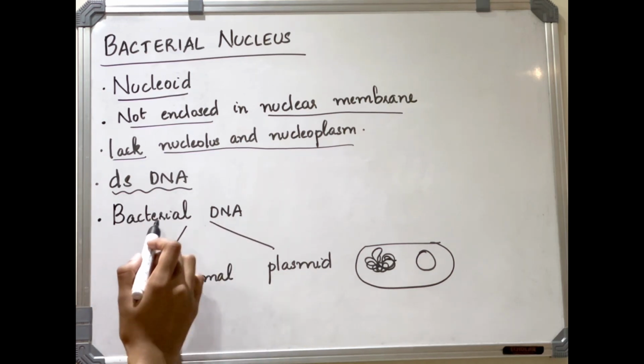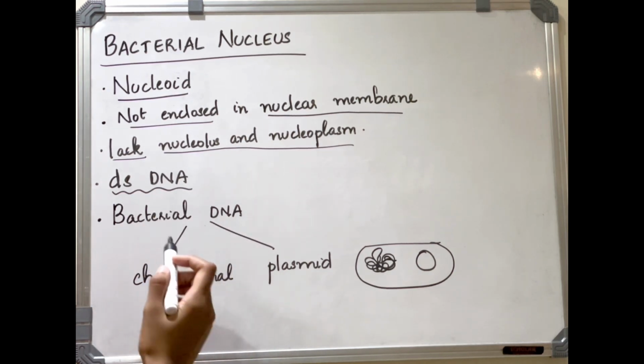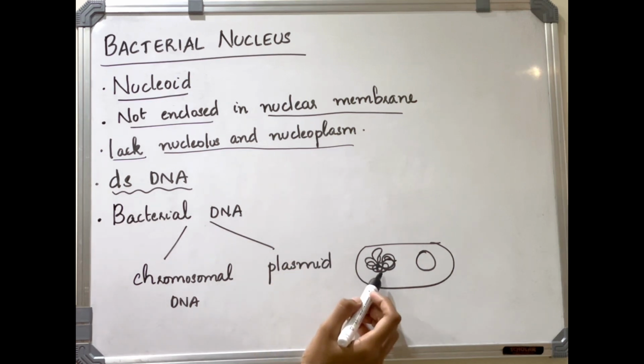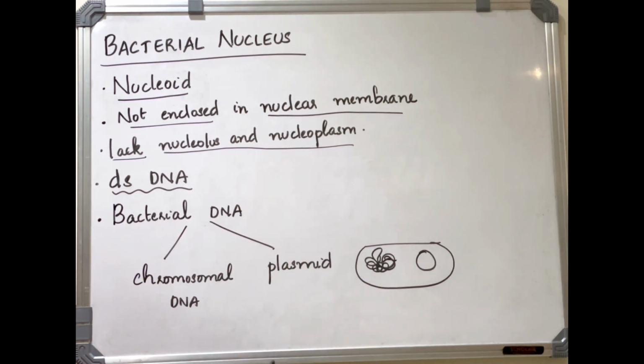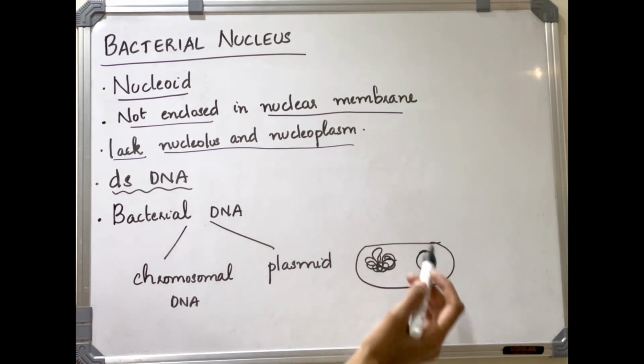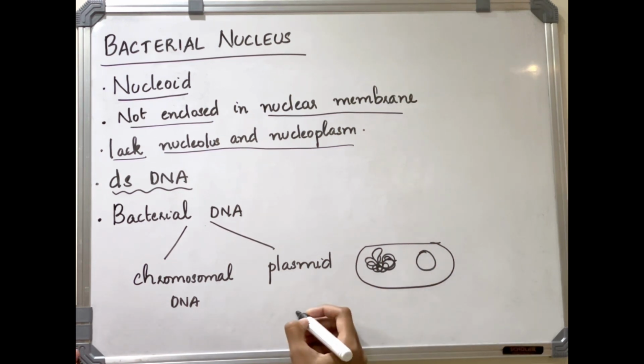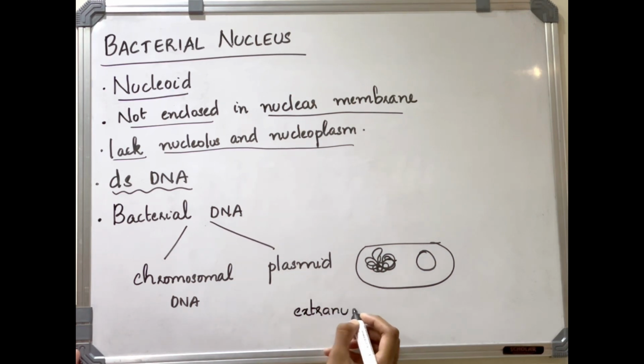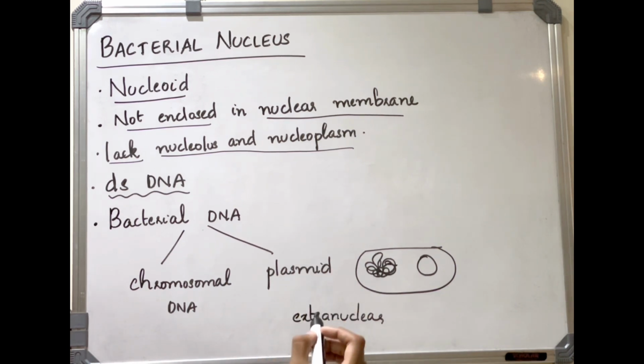Now this bacterial DNA can be found in the nucleoid as chromosomal DNA or it can be found outside the nucleoid as plasmid. Now this plasmid is an extranuclear genetic element which is capable of self-replication.